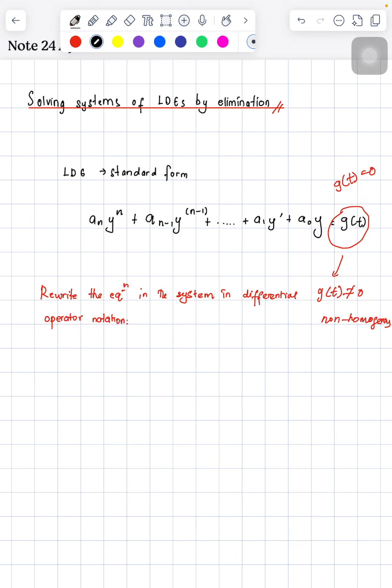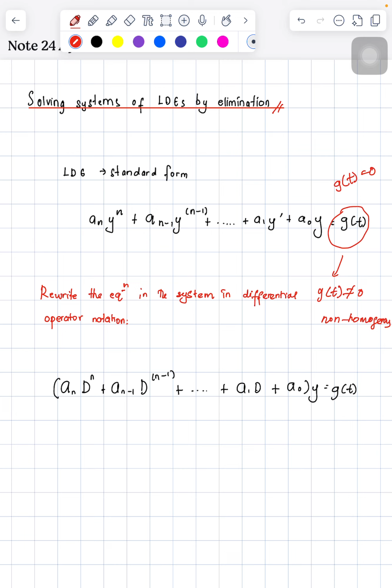This is the equation in differential operator notation: a_n D to the power n plus a_(n-1) D to the power n minus 1 plus ... plus a1 D plus a naught y equals g(t).